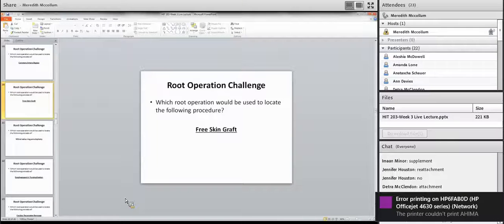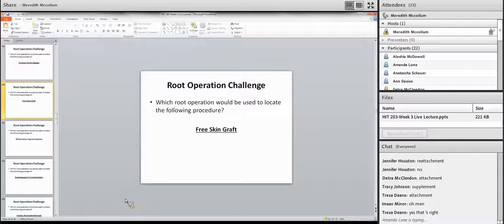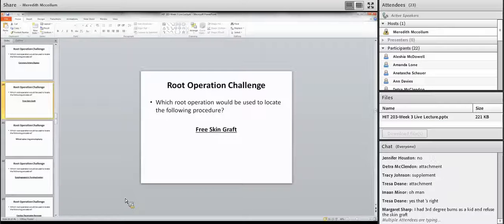So if you think about a burn patient, and they take their leg skin, and for example, this is just an example, they cut off the skin, and then they put it, let's say, on their back or on their chest or someplace that needs it. They're replacing that skin with the graft. Does that make sense?